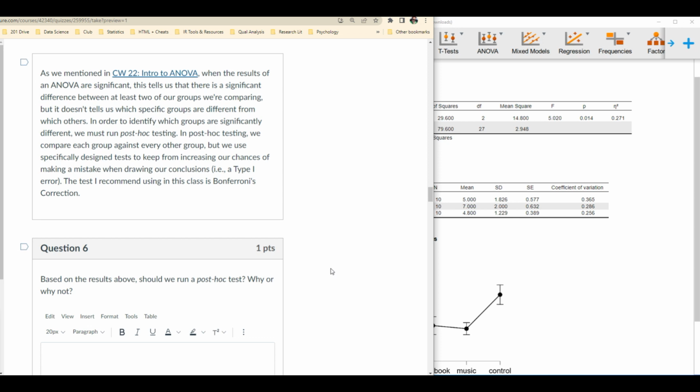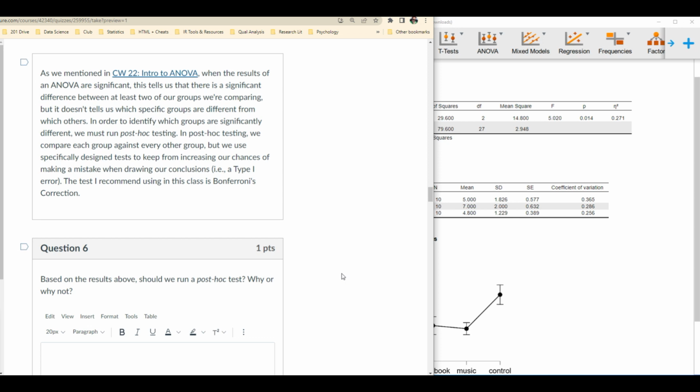So to identify which groups are significantly different, we have to run an additional test called a post-hoc test. In post-hoc testing, we compare each group against every other group to see, okay, this pair, are they different? Now, this pair, are they different? This pair, are they different? We compare them pairwise.